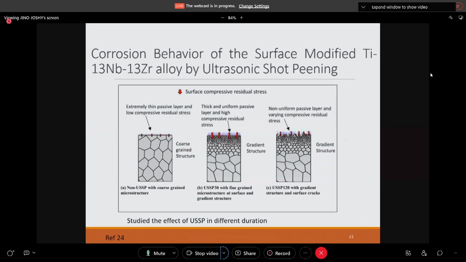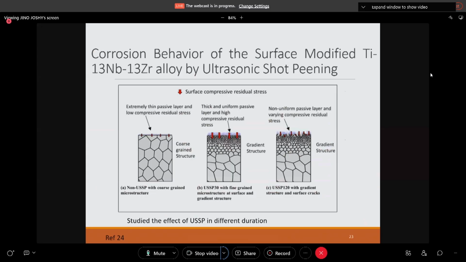But comparing the 15 sample and the 30 sample, even though the surface roughness was high in the 30 sample, grain refinement and more residual compressive stress formed on the 30 sample. Because of that, compressive stress and grain refinement were more predominant than the roughness effect. Because of that, the 30 sample got higher corrosion resistance than the 15 sample.